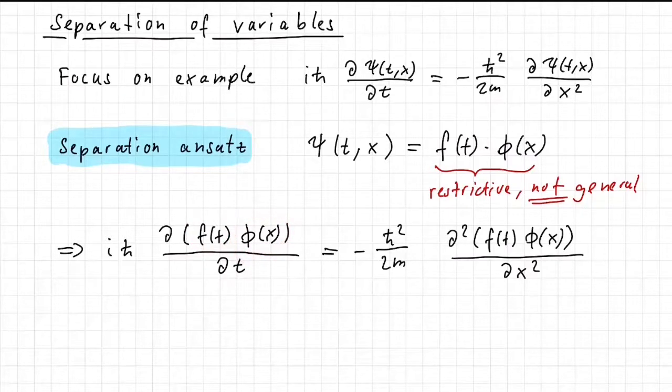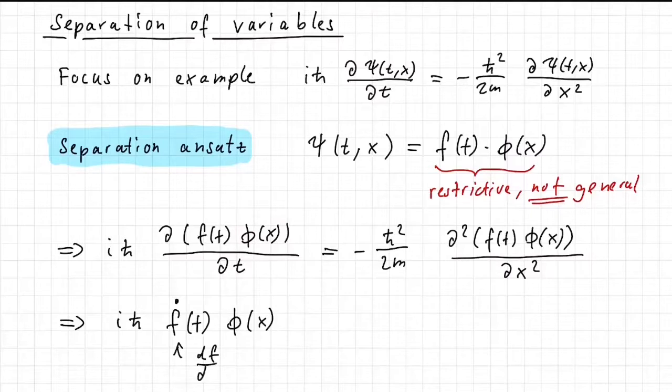So we can simply take phi of x out of the brackets and we get i h bar f dot of t times phi of x. Here f dot is a shorthand for df dt, which, because f only depends on a single variable, coincides with the partial derivative.